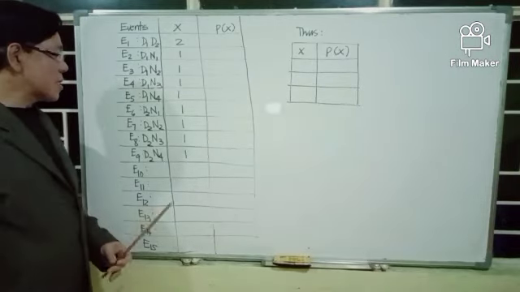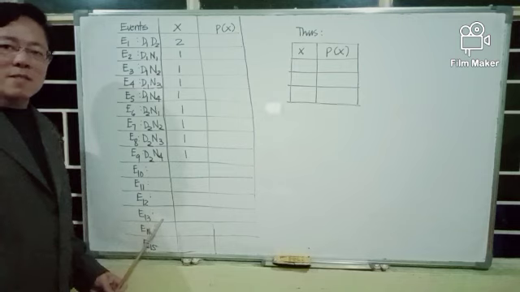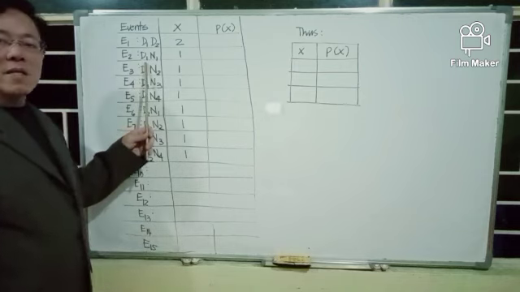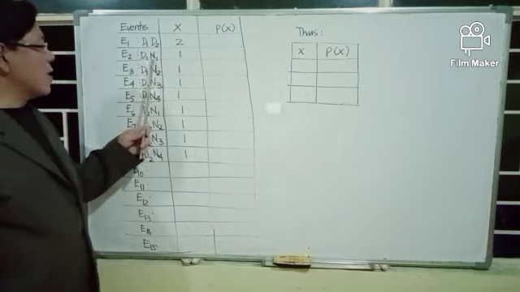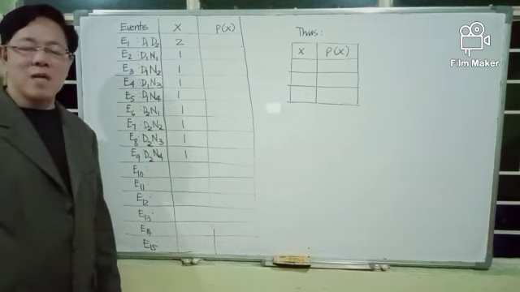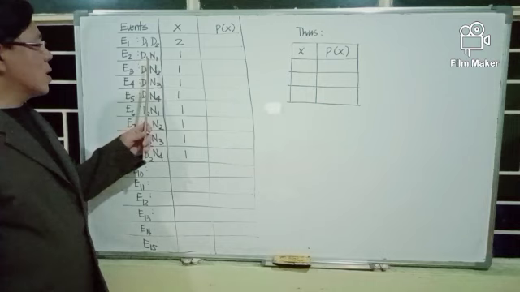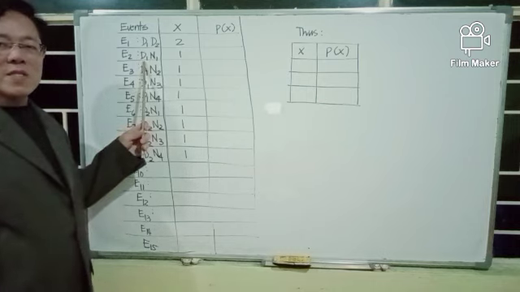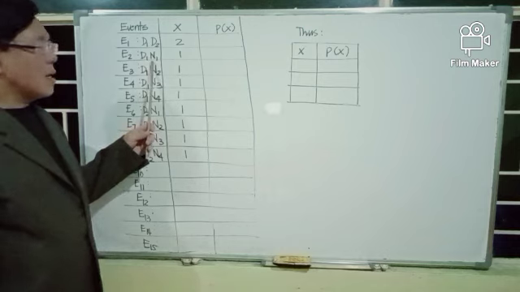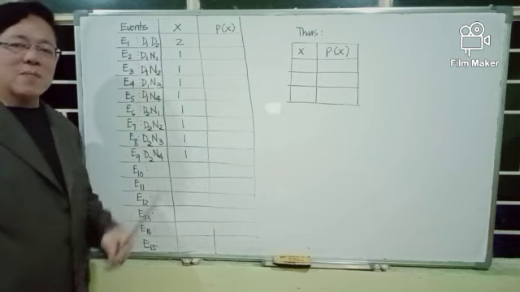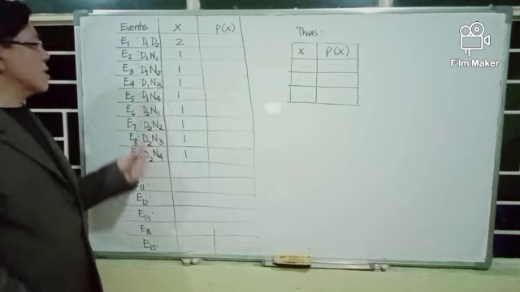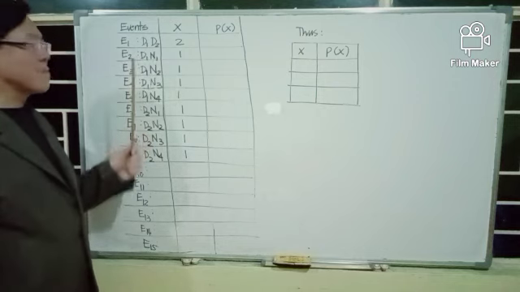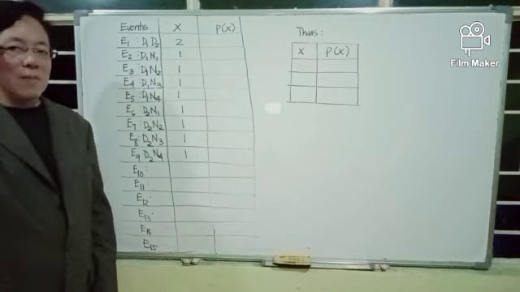Now, we do not write in this listing of events the event N1, D1 because the event N1, D1 is simply the same as the event D1, N1. The event where the customer selected the first defective item and the first non-defective item is the same as the customer selecting the first non-defective item and the first defective item.